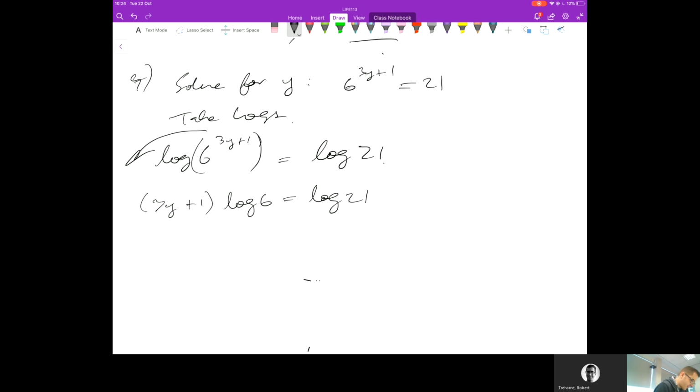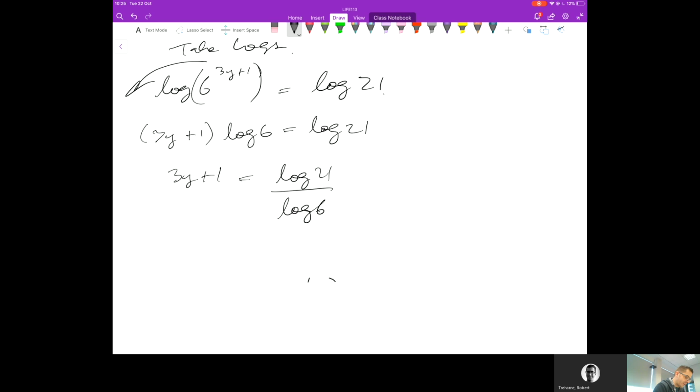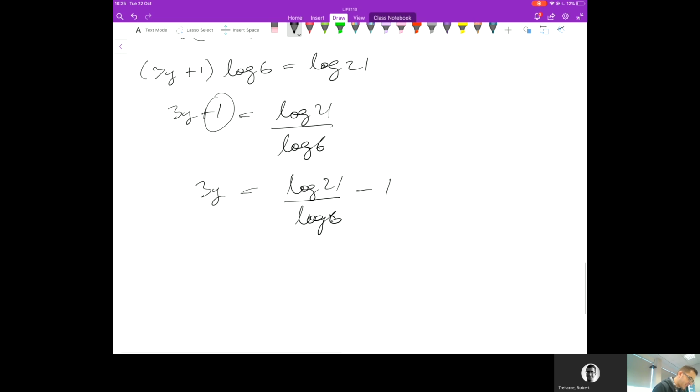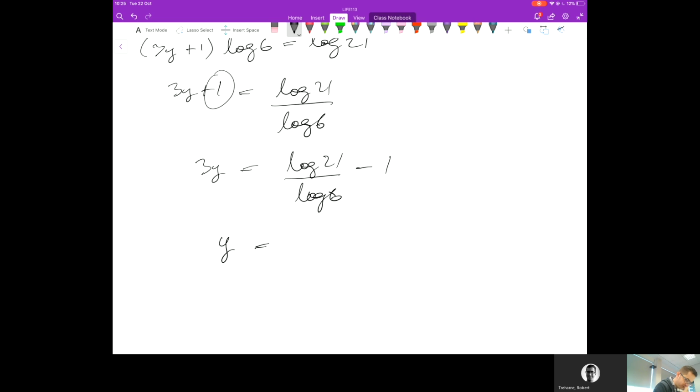Let's do 3y plus 1 is equal to log 21 over log of 6. 3y is equal to log 21 over log 6 minus 1, which means that y is equal to, bring the 3 down, a factor of a third, log 21 over log 6 minus 1. Stick that in your calculator. I got a value of 0.233 to 3 sig fig.